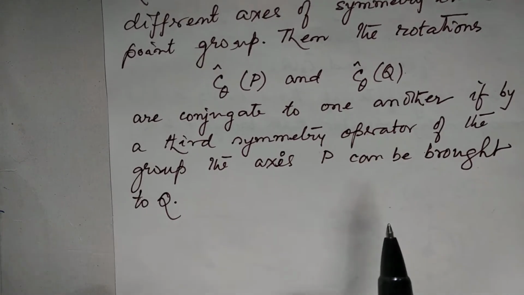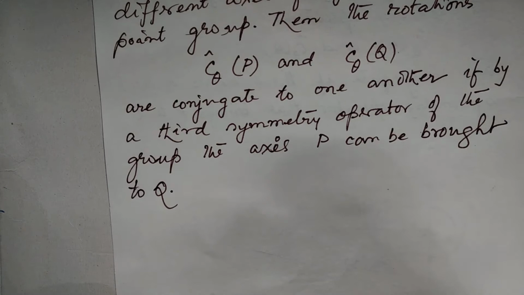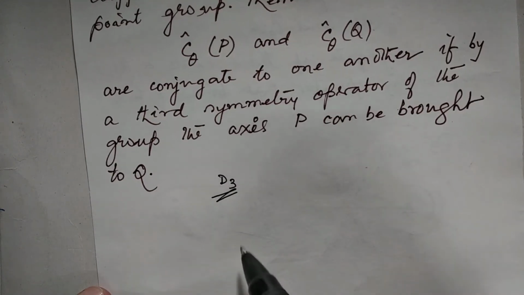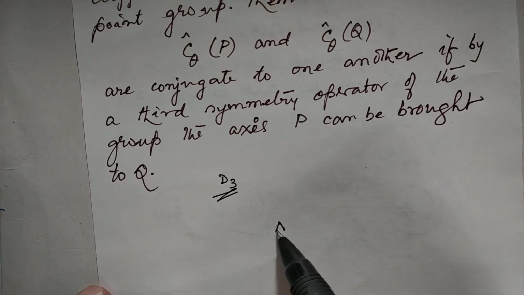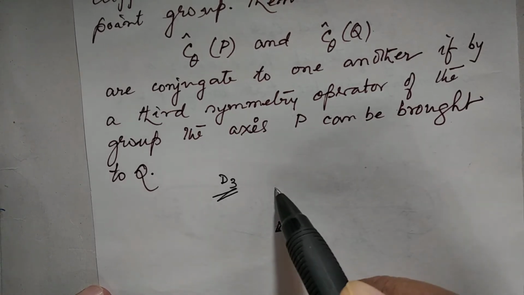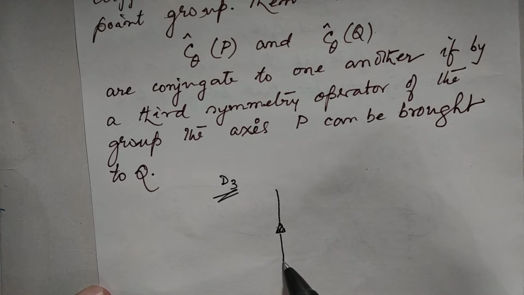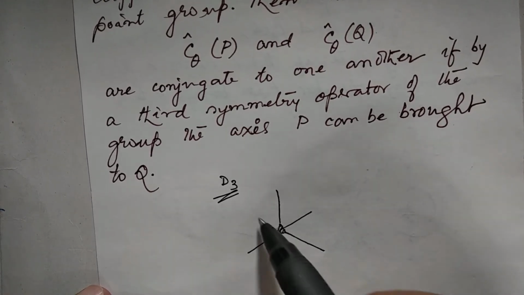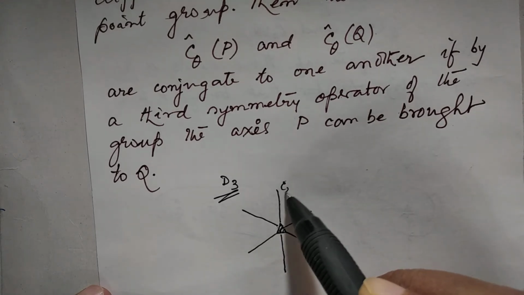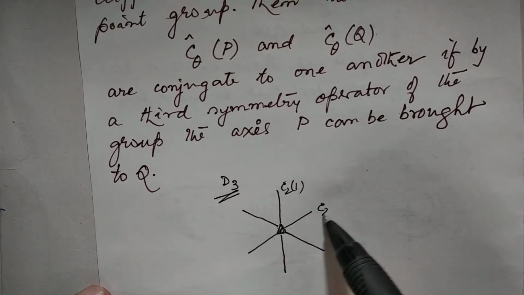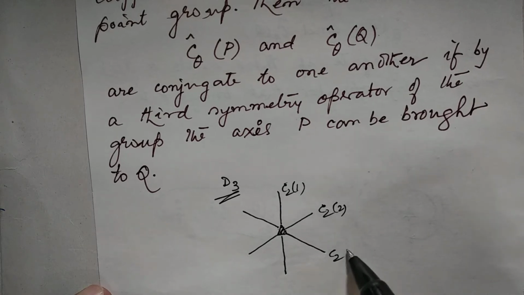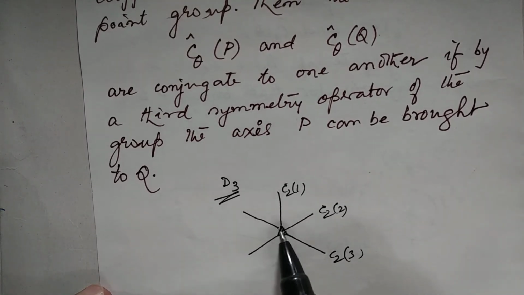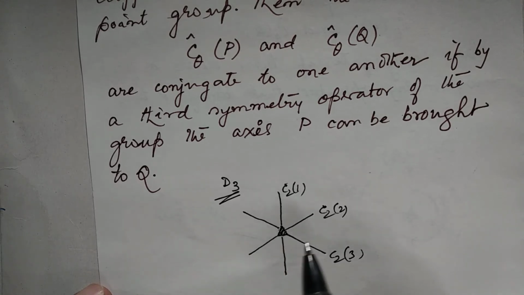For example, consider the point group D3. Point group D3 has a threefold rotation axis and three different twofold axes, C2 1, C2 2, C2 3, and a principal C3 axis perpendicular to the plane of the paper.